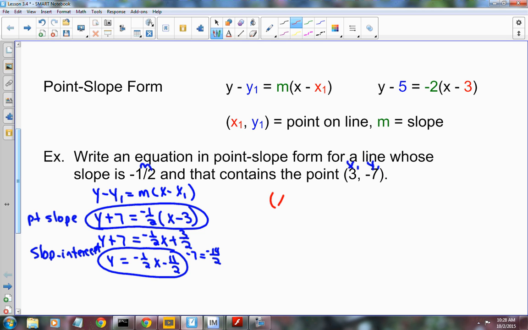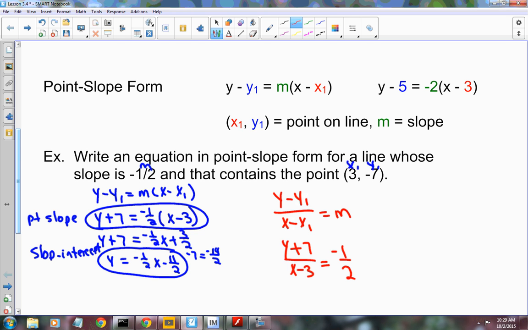You did y minus y1 over x minus x1 equals m. Okay, and so then you did y minus a -7 over x minus 3 equals a -1/2, and you cross multiply. Okay, I don't have a problem with that.